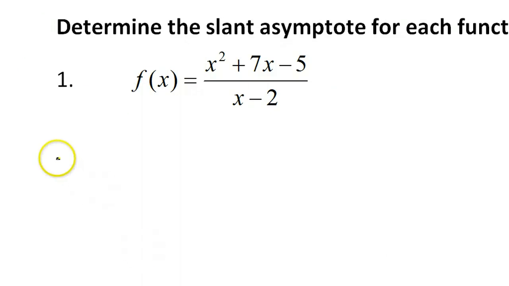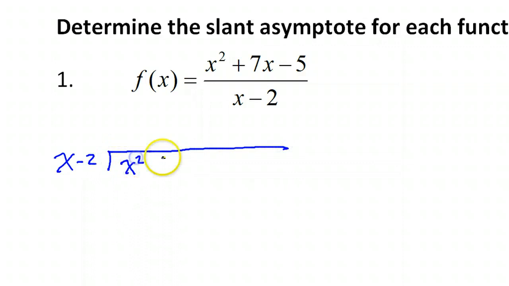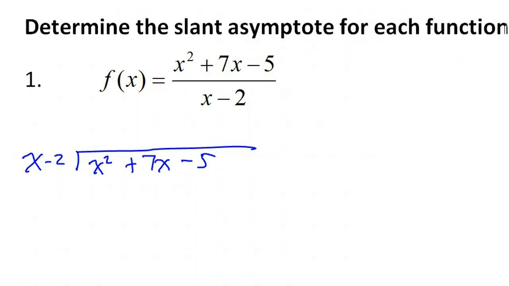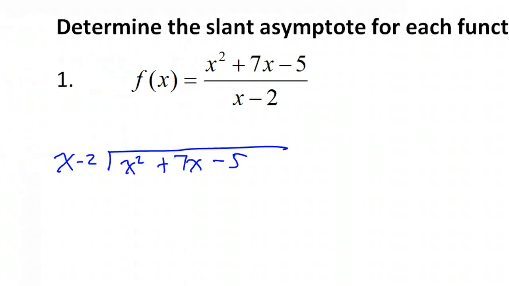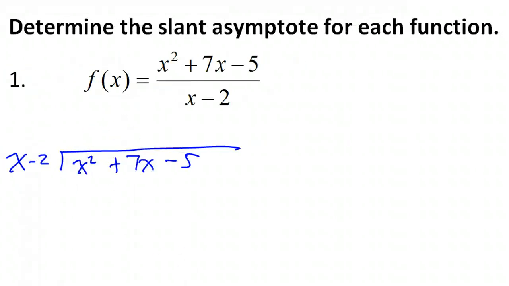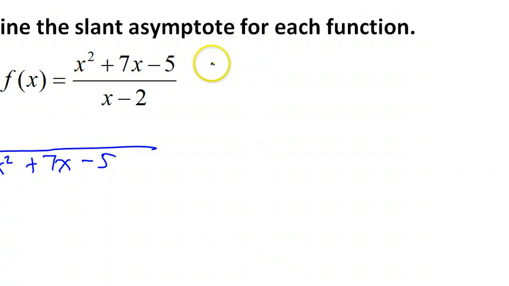The idea is this. We have x minus 2, and we're dividing into x squared plus 7x minus 5. However, when you have a nice little linear binomial like this, it's easiest to use synthetic division. So instead of trying to do long division, I'm going to do synthetic division.